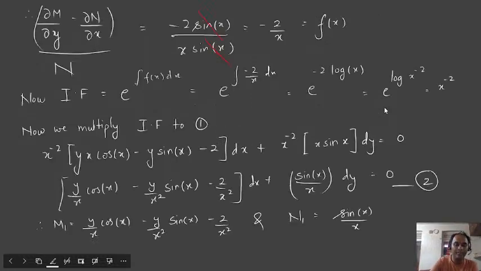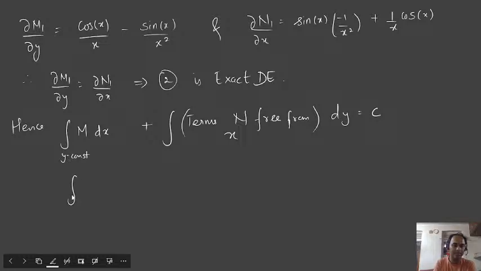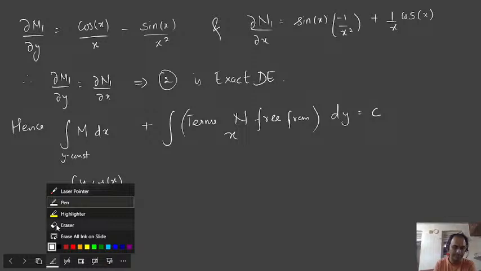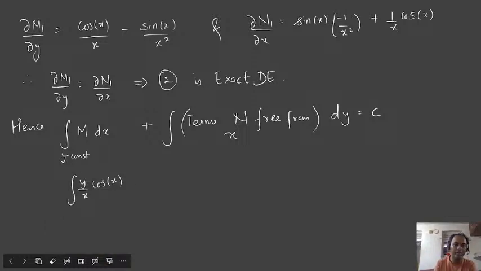Now let us see what happens if we keep this formula. When you want to integrate here, you get y over x cos x and all that. Now this integration of cos x over x is slightly difficult for most of the students. You won't get the answer easily. So instead of using this formula, what we can do is use the alternate version which we have got.